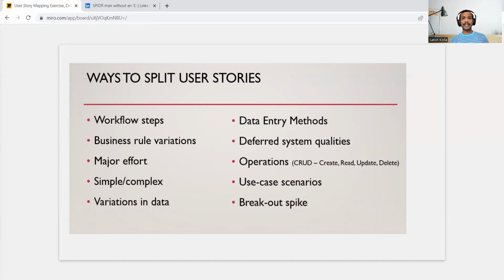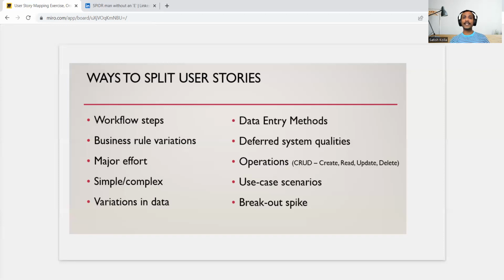The variations in data, the types of data we enter and do the validation. The data entry method, as we discussed, like entering using the keyboard or pre-filled data, copy paste, or using the mouse or the touch screen, all the different types we can do. And the deferred system qualities, the operations, or when we say operations, CRUD is what we typically consider: create, read, update, delete.